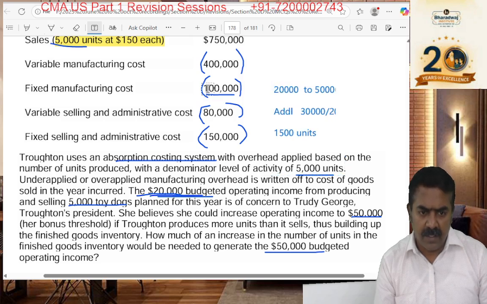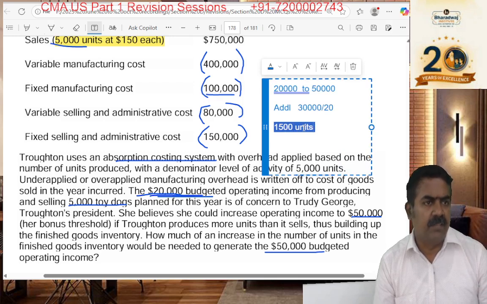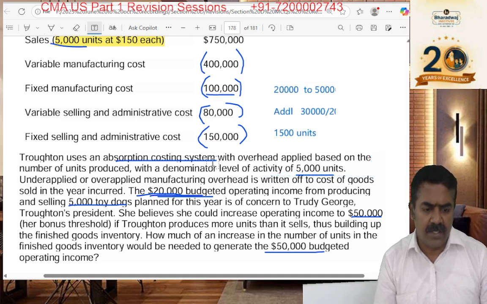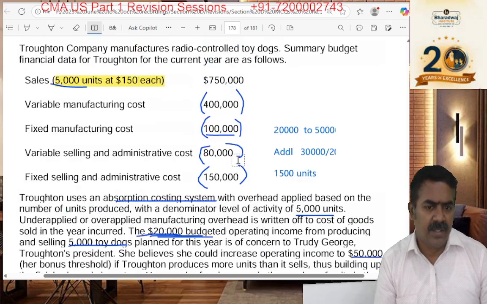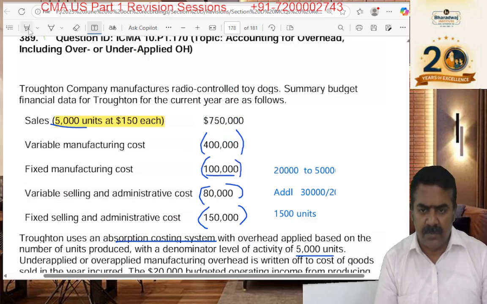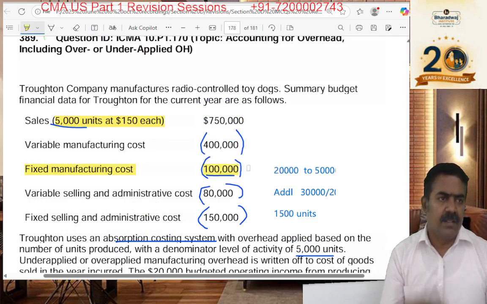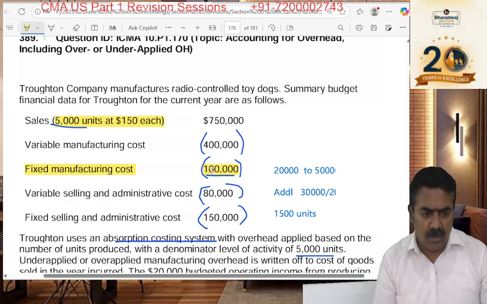Which means the extra would have been included in inventory cost. Inventory cost would have been included in which one? Inventoriable cost. So when it is included in inventoriable cost, automatically your profit will go up. Otherwise, a portion of fixed manufacturing cost, if it is included in inventory, your stock will be more. Out of 1 lakh, about 30,000 would have been included in inventory cost.